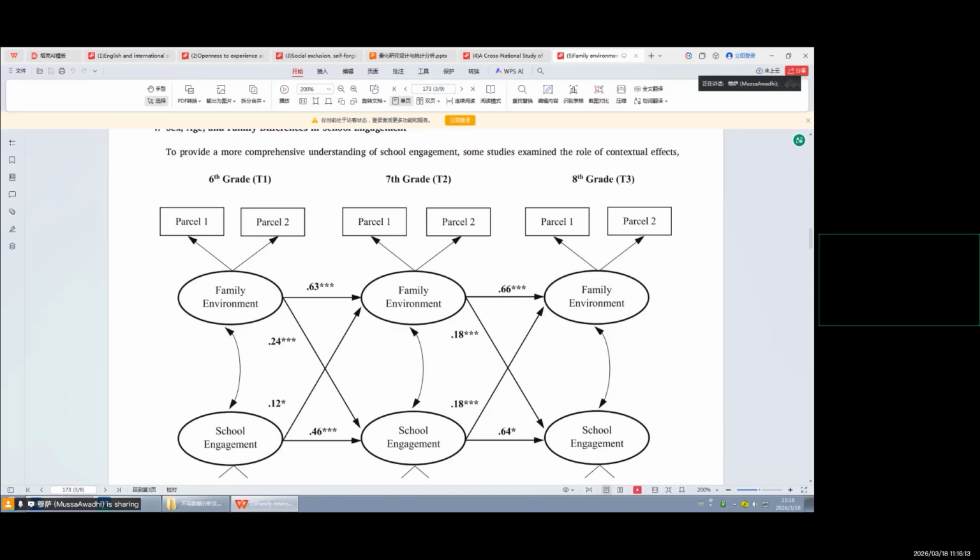So, this is what we call a reciprocal relationship. Through the longitudinal study, we can better interpret the causal relationship.